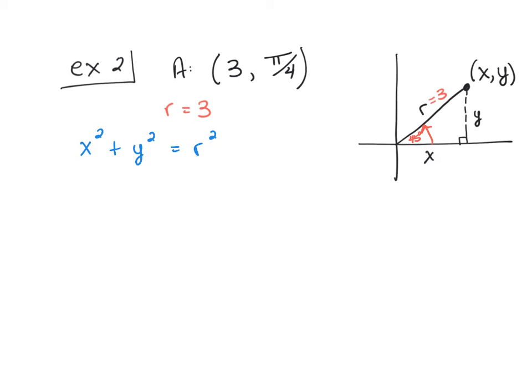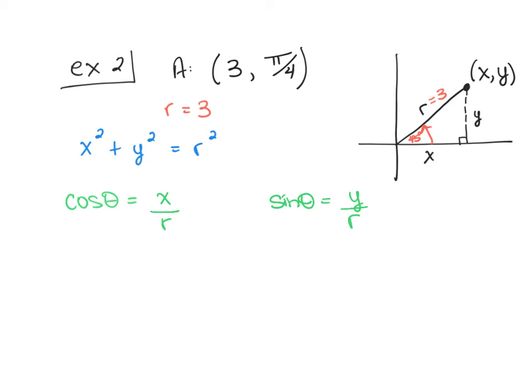But we could also, knowing that cosine of theta is the adjacent side, which is x, over the hypotenuse, which is r. So I'm just writing that rule down again, knowing that cosine of theta is x over r, and knowing that sine of theta is y over r, from opposite over hypotenuse.